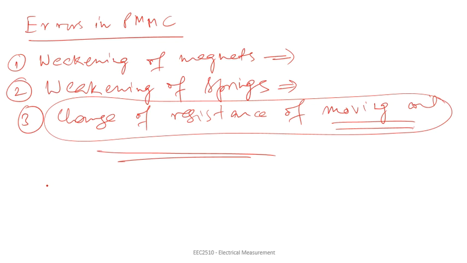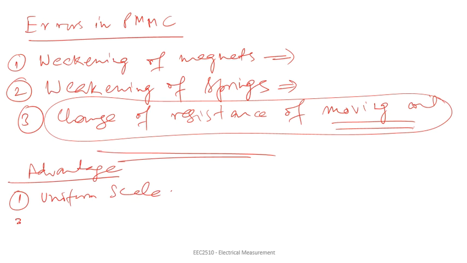The advantages which these PMMC type instruments offer: one advantage is that it has a uniform scale, and the second advantage is that it has low power consumption.